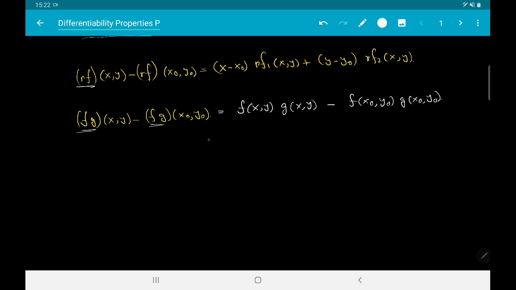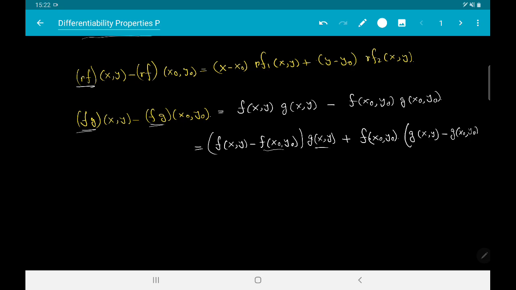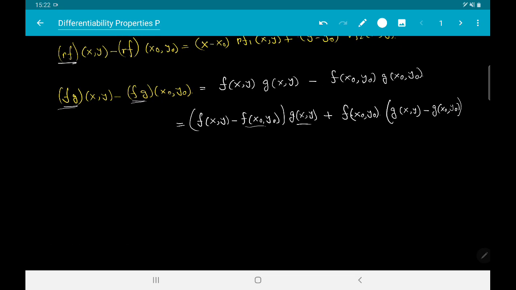So I play a small trick here. I write it as f(x,y) minus f(x0,y0) times g(x,y), and I adjust whatever I have deducted with the second term. Namely, I take f(x0,y0) times g(x,y) minus g(x0,y0).